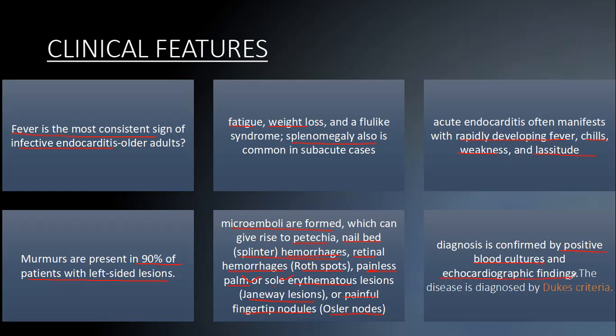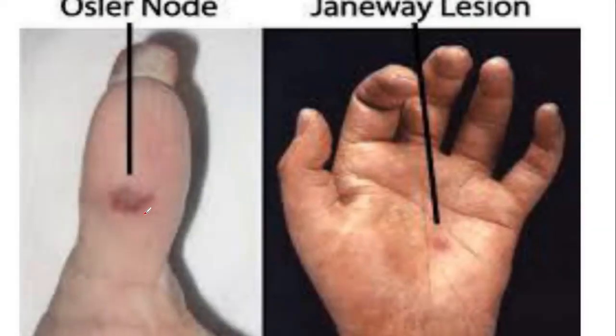Diagnosis is confirmed by a positive blood culture, but also remember you have culture-negative endocarditis, and echocardiographic findings. Then the disease is also diagnosed according to Duke's criteria. Now, let me show you some of those. This is an Osler node, and this is painful. This is painless. The Janeway lesion is painless. But this is painful.